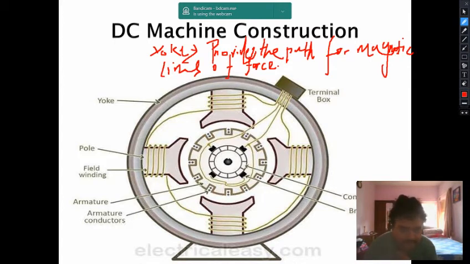So how are the magnetic paths formed? Let us assume the current is starting from here. Actually, this particular terminal and this particular terminal are the field connection.